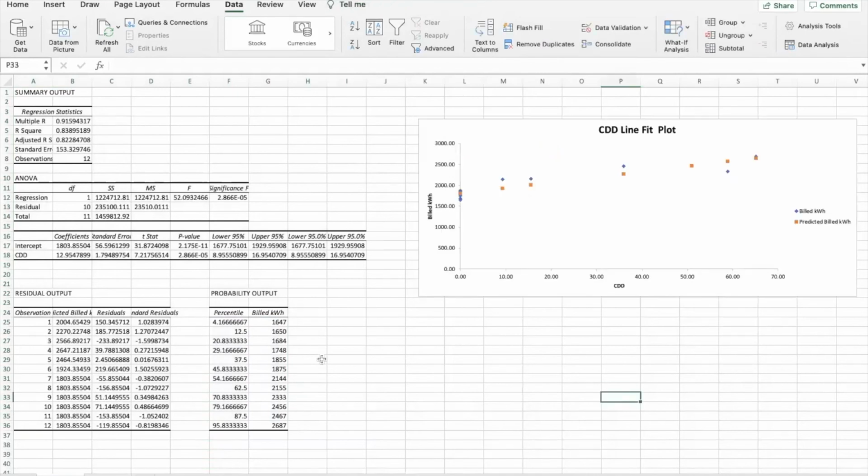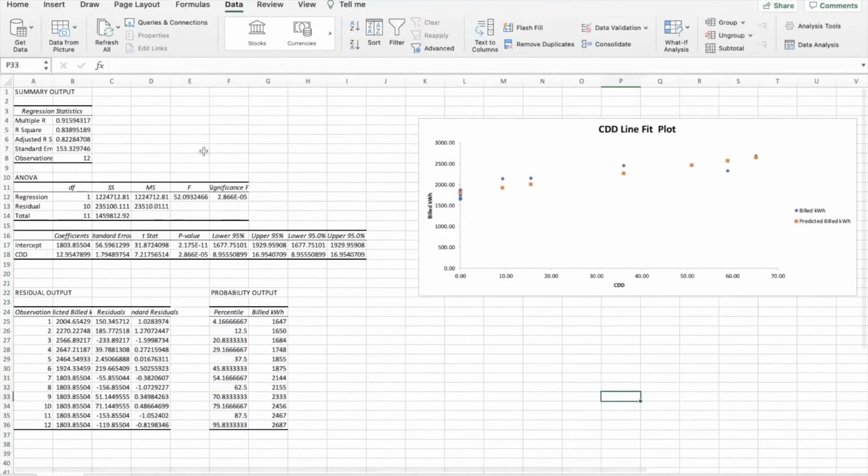Okay, but before we look at the graph, let's see some of the parameters. What are they about? First, Multiple R. This value shows how strong the linear relationship is.